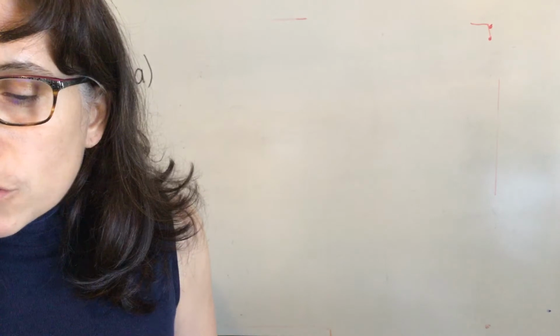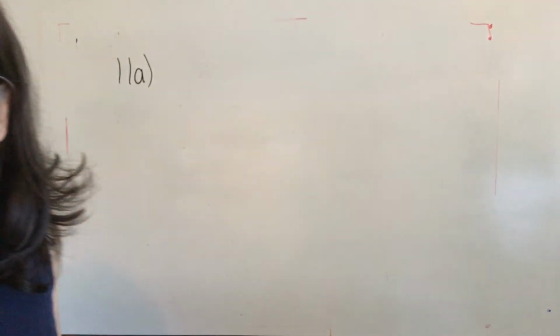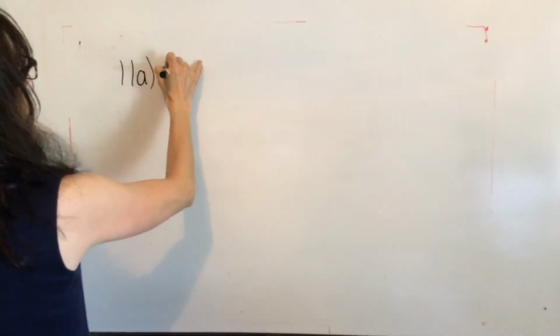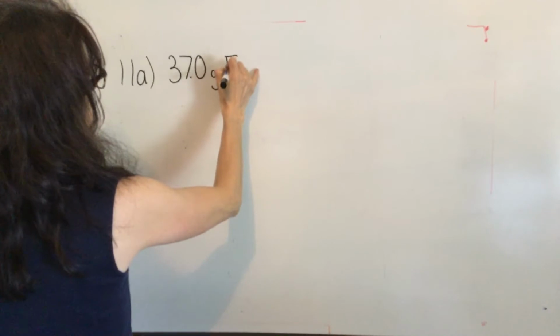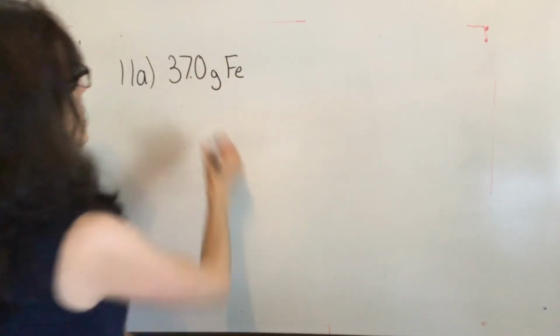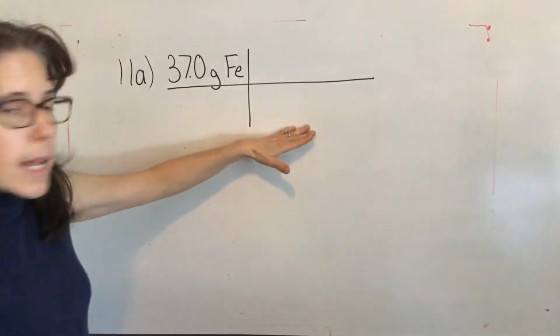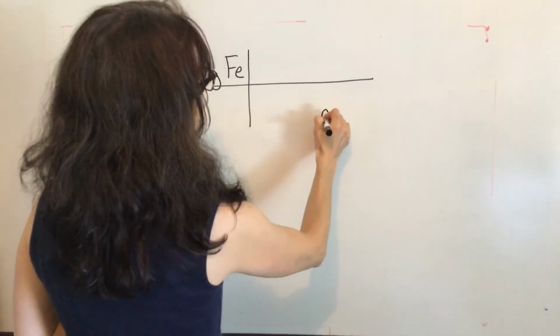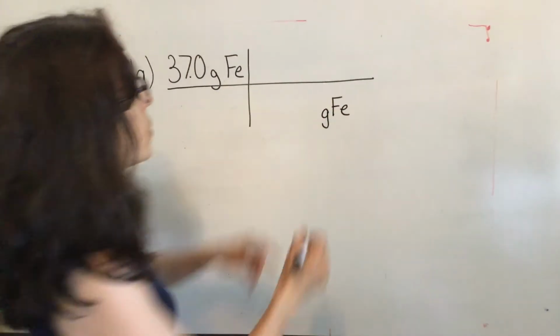All right, so let's start with what the problem states. It says 37.0 grams. All right, grams is the quantity, iron is the substance. All right, the setup needs to be grams of iron converting to moles of iron.